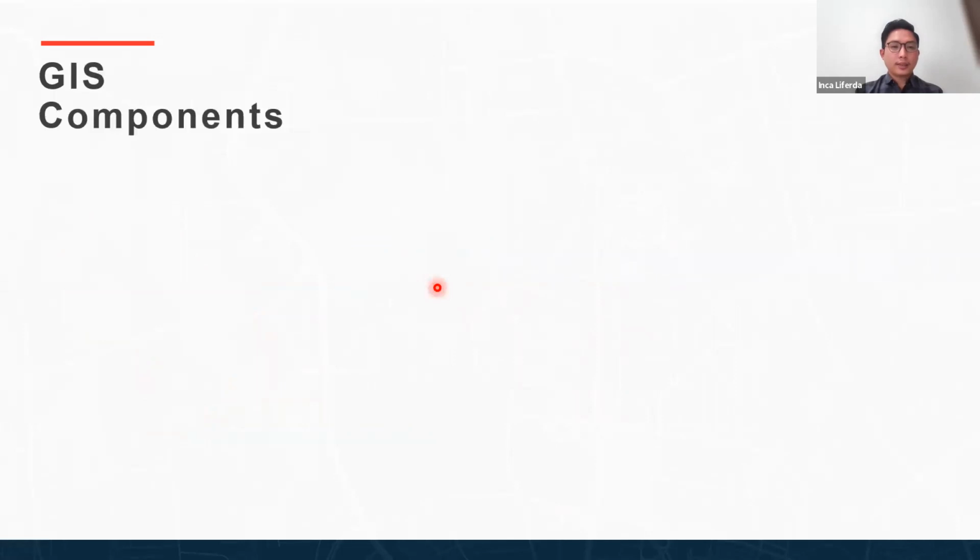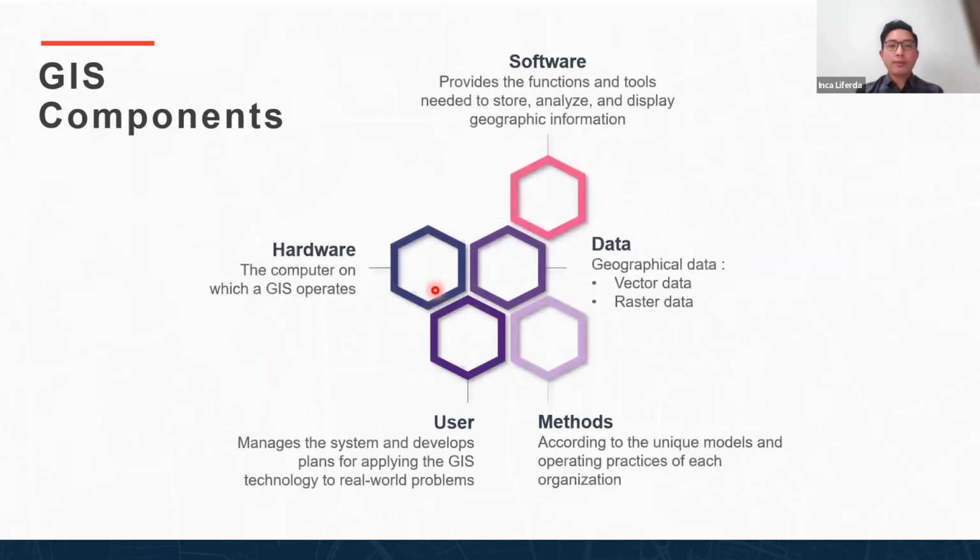And then if you talk about the GIS components, there are five components. The first one is hardware, of course.